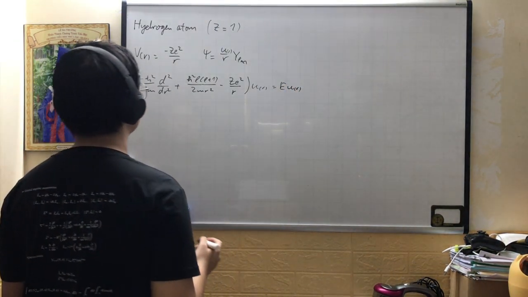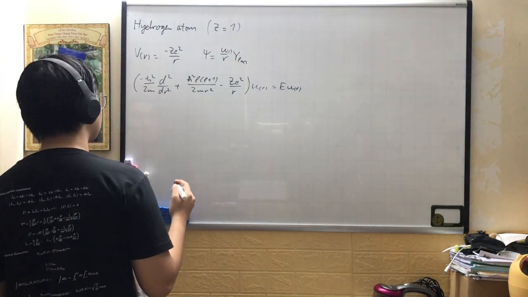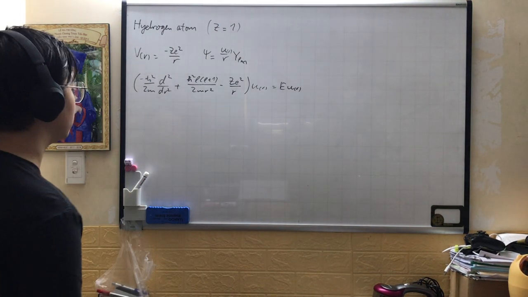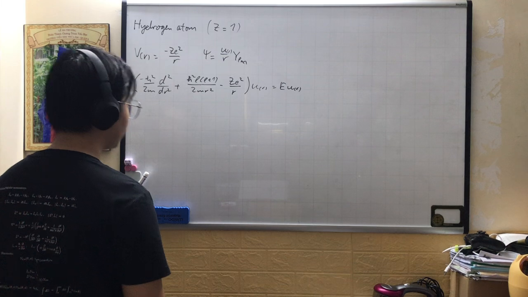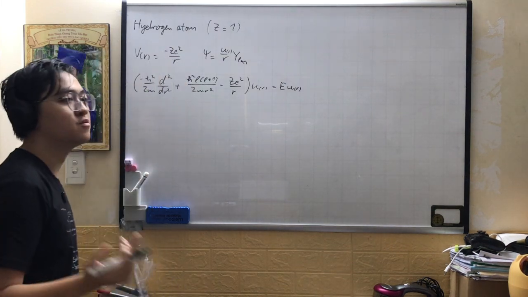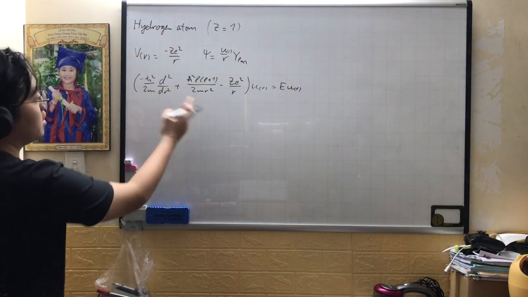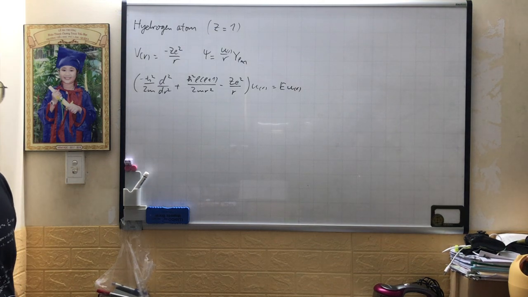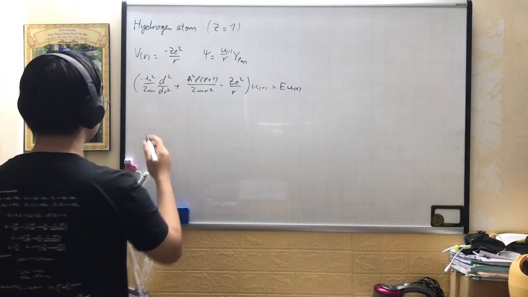Now we're going to try to do what we did with our quantum harmonic oscillator, which is trying to put the r here into a unit-free number.